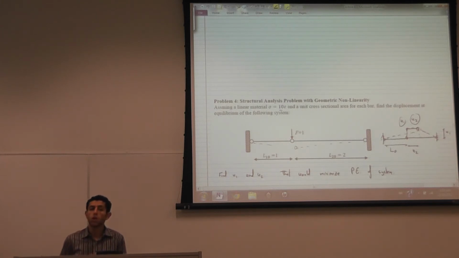If you choose your unknowns to be different, let's say this diagonal displacement and another displacement, or any other two unknowns, then the same solution would be obtained, but the equilibrium equations would not look like the equations that you obtain by minimizing the potential energy.